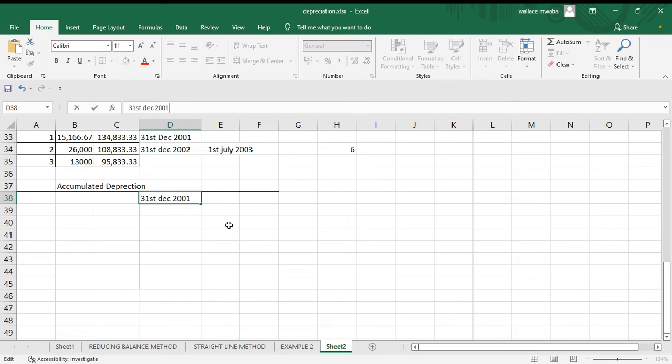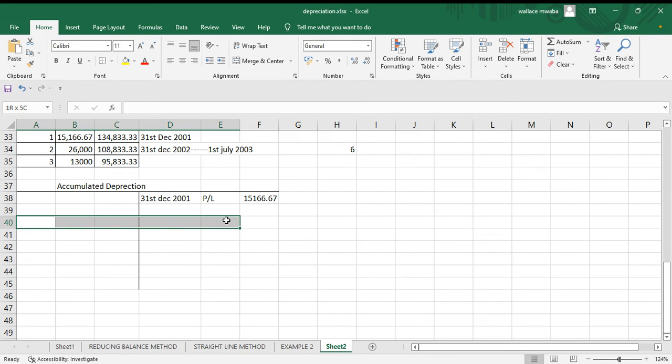On 31st December 2001, we're going to credit accumulated depreciation 15,166.67. Okay, this is for year one.